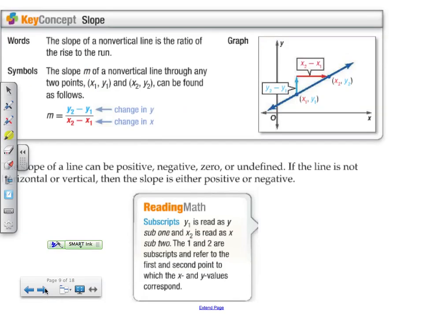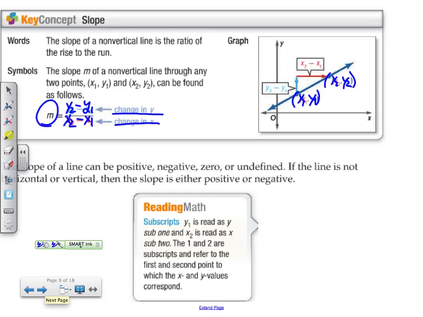All right, and here's a chart that helps you remember this. Remember, we always referred to slope as m. M equals subtracting the y coordinates. Here we have y sub 2 and y sub 1, right? And x sub 1 and x sub 2, okay? We're going to subtract y sub 2 minus y sub 1 over x sub 2 minus x sub 1.